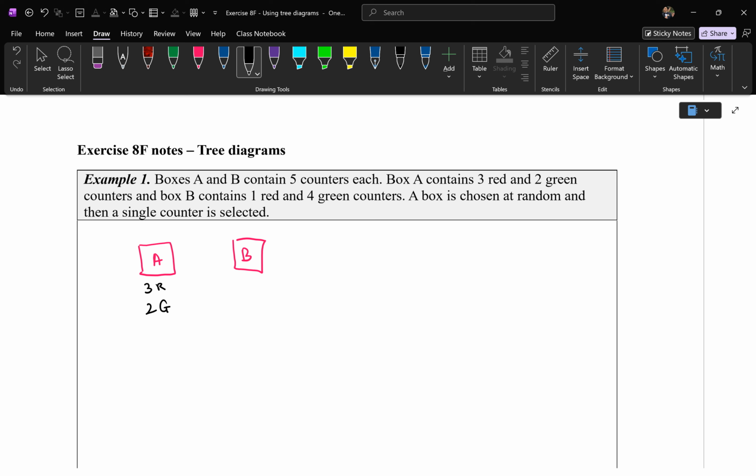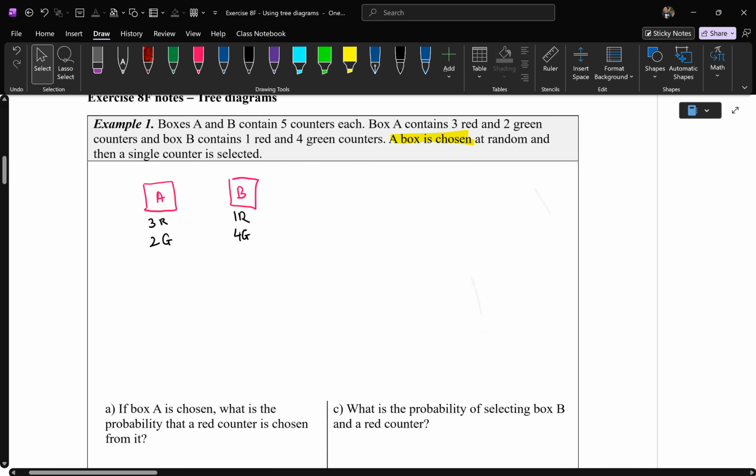Whereas box B contains 1 red and 4 greens. A box is chosen at random, so that's key. Sometimes they could say 2 boxes are chosen at random, which will make a different scenario. But it says a box is chosen at random and then a single counter is selected.